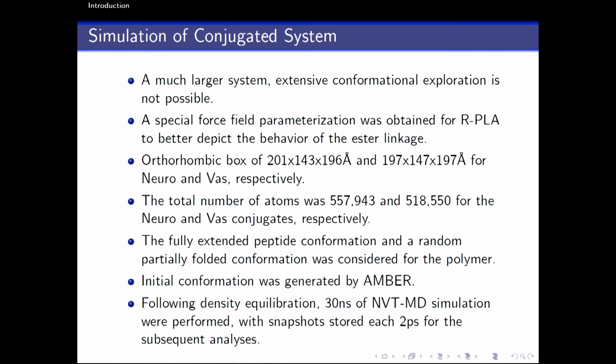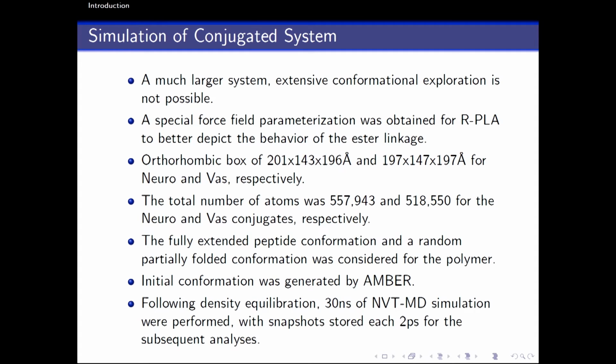So we had to parameterize the force field for PLA, which was done using quantum mechanics simulations by my collaborators in Barcelona. And there are a lot of quantum mechanics simulation tools to parameterize force fields for non-standard molecules. They don't have standard force fields.